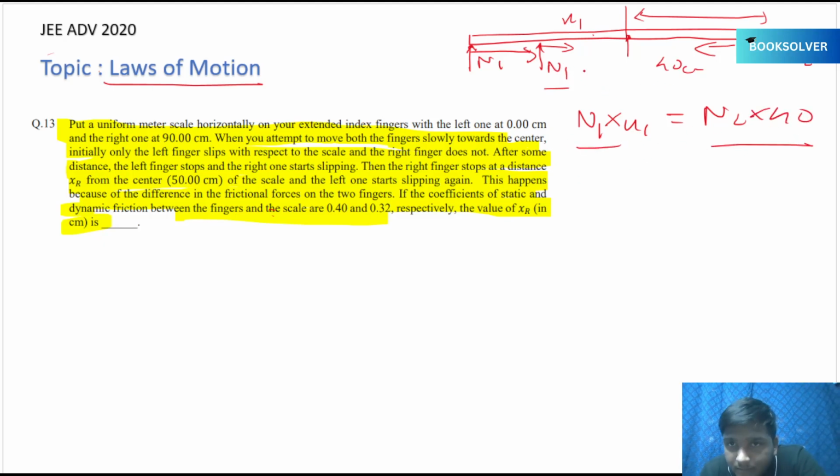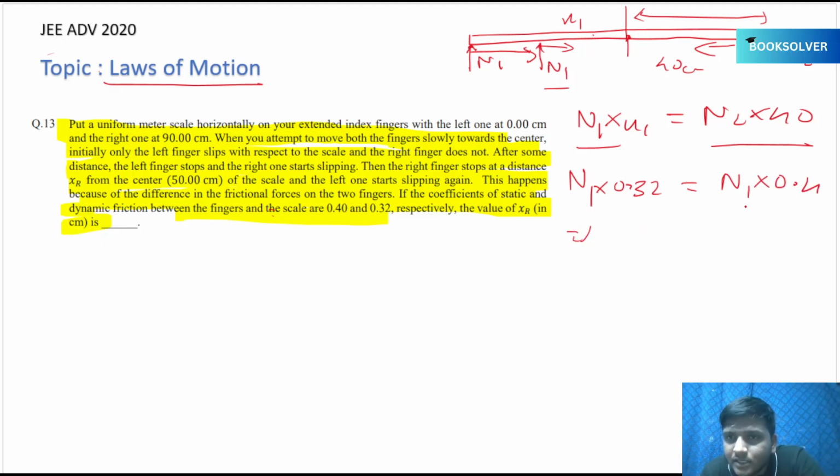Also, we know the forces here. As the left finger was in motion, the friction applied by it will be N1 into 0.32. This should be equal to the static friction applied by the other finger, that is N1 into 0.4, so N2 into 0.4.